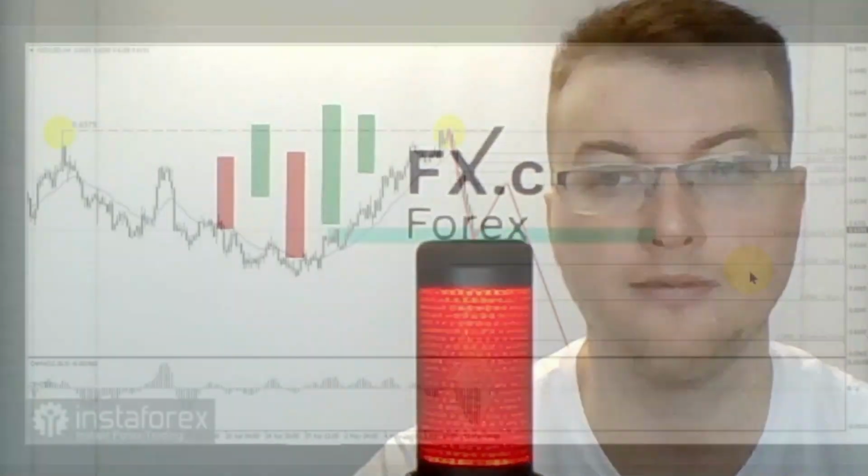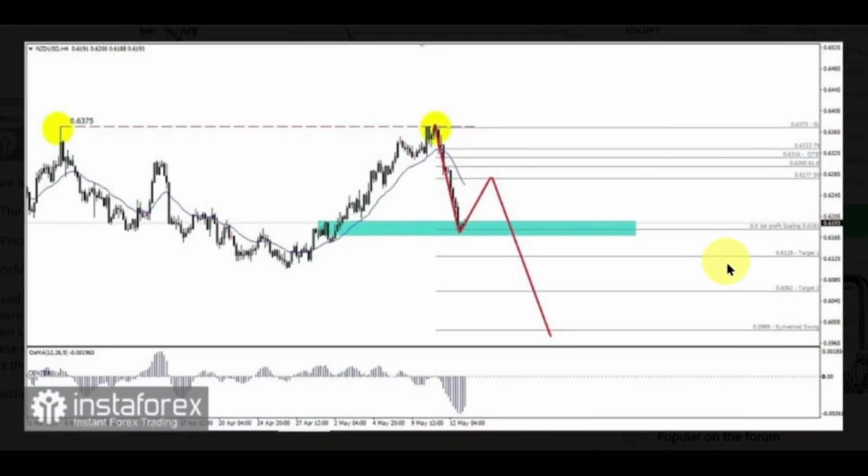And once again, here it is, Arif Makmur with a medium-term trading idea for the NZD-USD currency pair. If we look at the 4-hour chart of NZD-USD, there are a few interesting things.